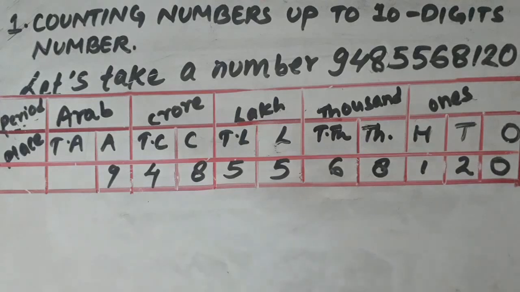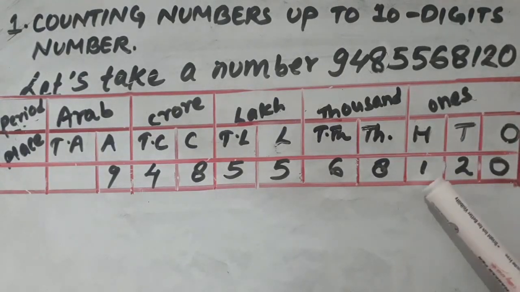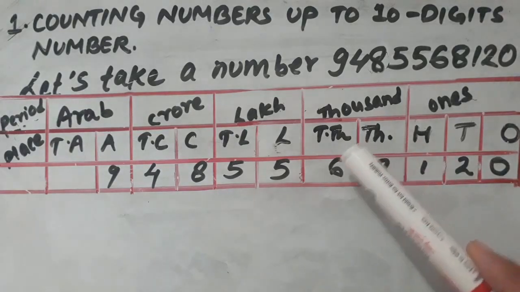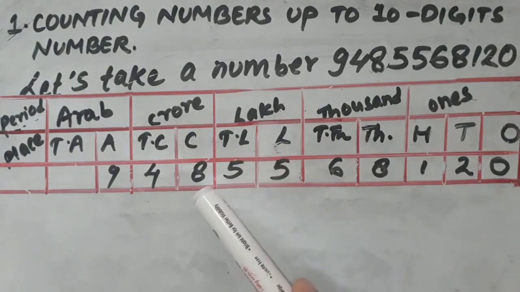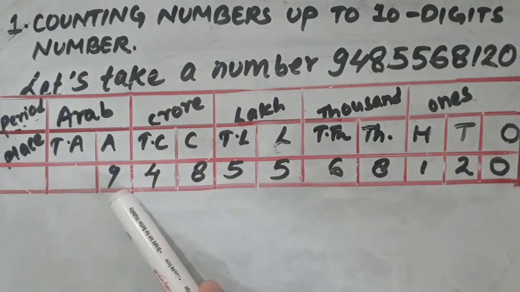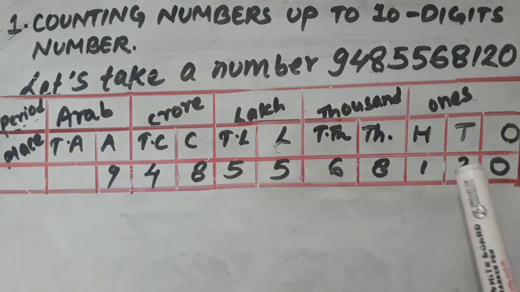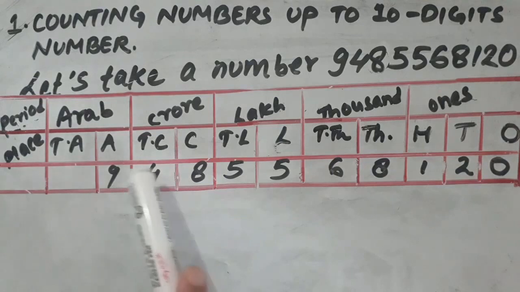So now here we can see the place of 0 is ones, the place of 2 is tens, place of 1 is 100, place of 8 is 1000, place of 6 is 10,000, place of 5 is lakh, place of this 5 is 10 lakh, place of 8 is crore, place of this 4 is 10 crore, place of this 9 is Arab. So students, we count like this: ones, tens, 100, 1000, 10,000, lakh, 10 lakh, crore, 10 crore, Arab.